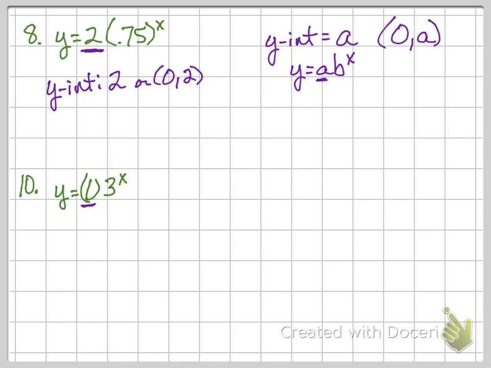Now, I can say with confidence that there is a 1 multiplied in front of that 3 to the x power. So we're going to use that 1 as our intercept. So our y-intercept is 1, or (0, 1). All right, do number 9 on your own.